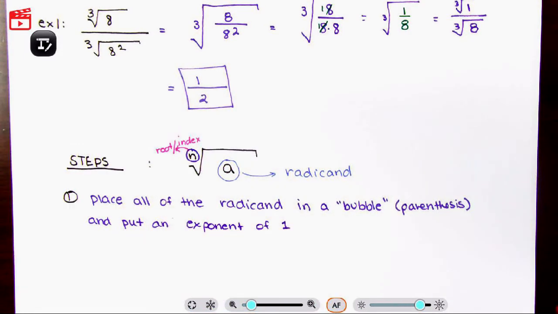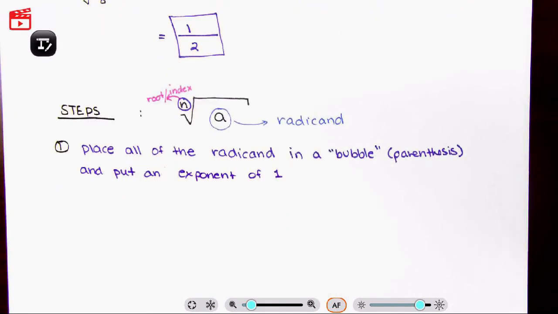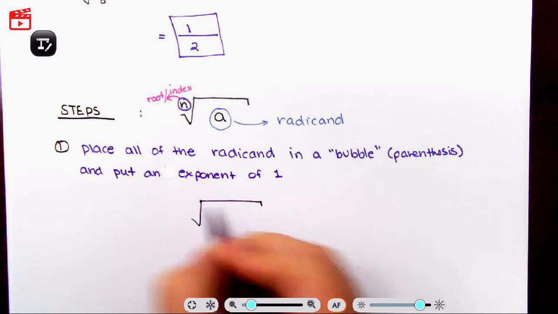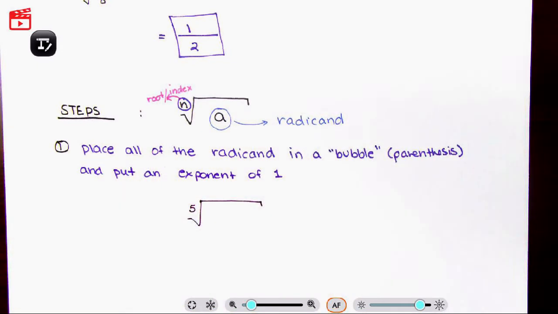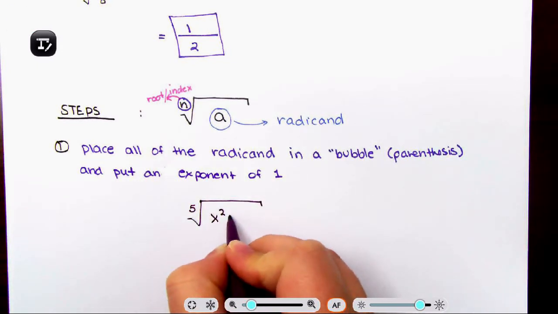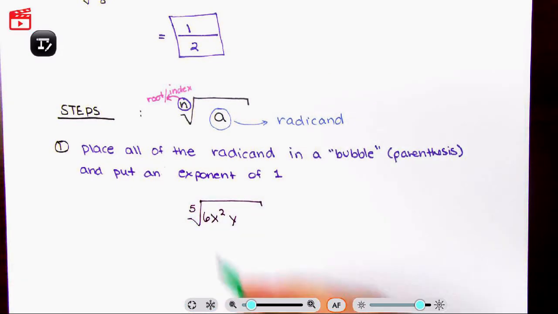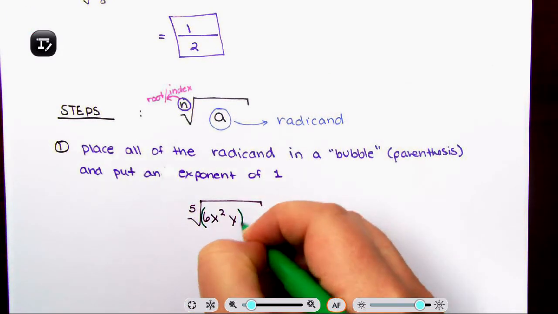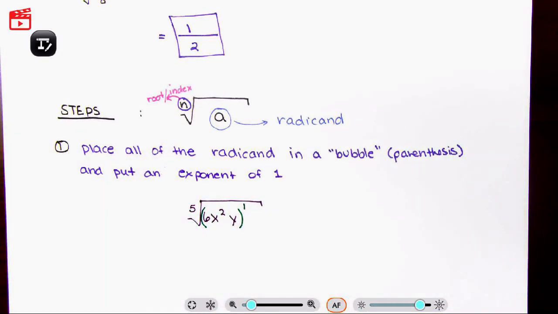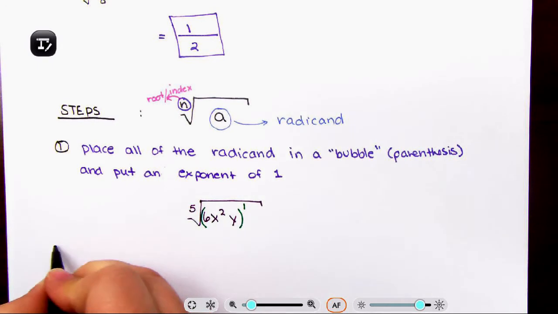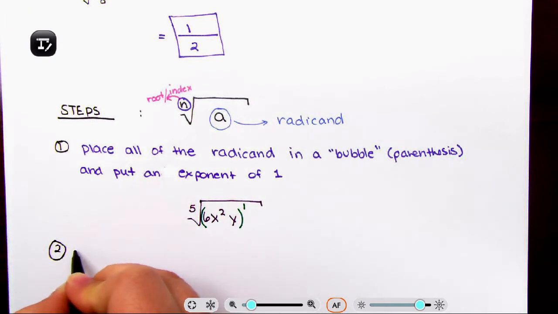It doesn't matter what you actually have in your radicand. Let's say we have the fifth root of x squared y. Doesn't matter. You're going to put all of this in a bubble, and you're going to put it as an exponent of 1.